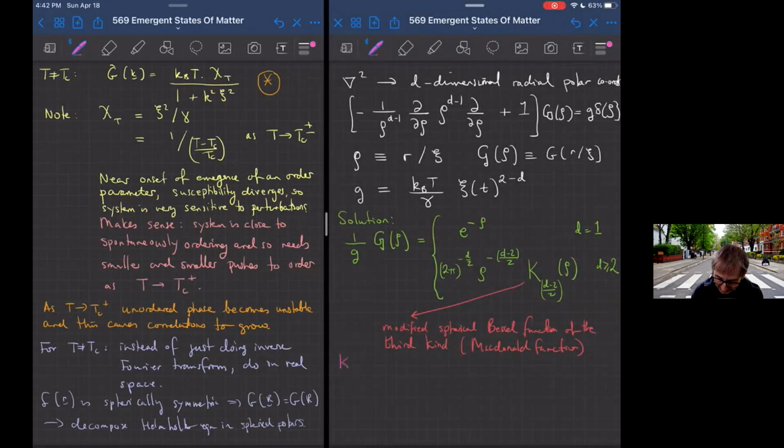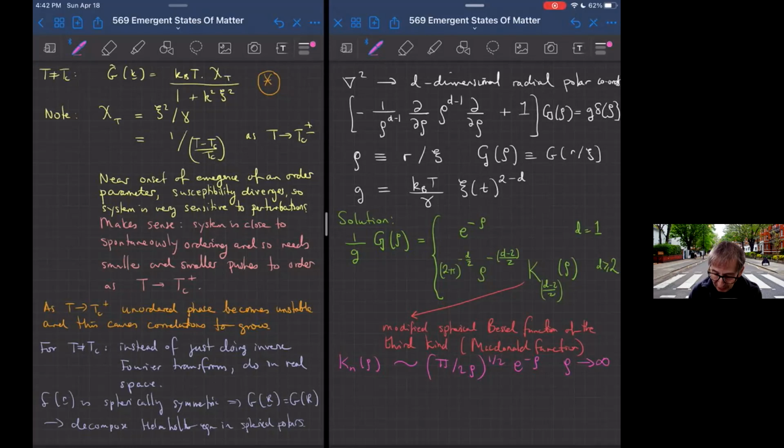So K n of rho scales like this. It goes as pi over 2 rho to the 1/2 e to the minus rho when rho goes to infinity. So in other words, the McDonald function of the nth kind, all of them scale exponentially as the argument goes to infinity.